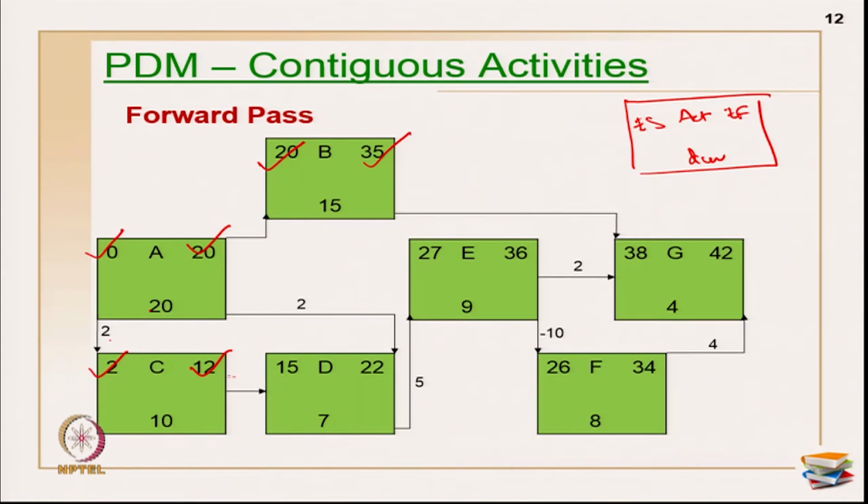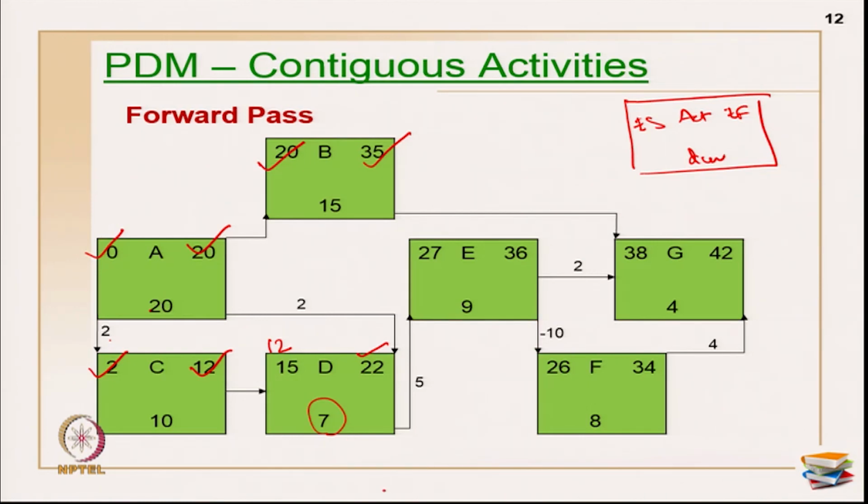Now, for activity D, this is 12, but activity A stops at 20. 20 plus 2 is 22, so D has to finish by 22. If I go with 12, I may have a break in the middle because my duration of D is 7.